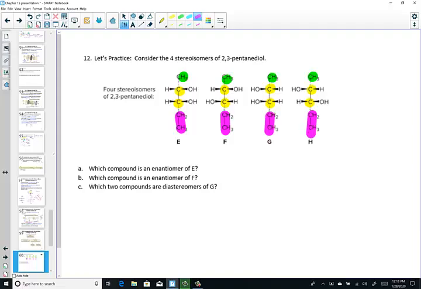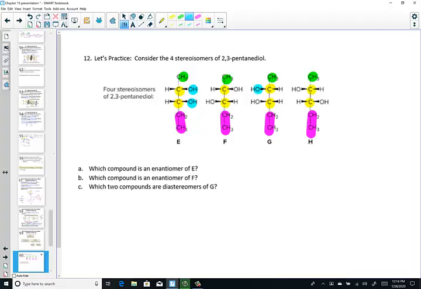These are Fischer projections. If I drew them as crosses and made them Fischer projections, the only difference now is the way that they're attaching these horizontal attachments in this Fischer projection. Let's compare, for example, letter E has hydroxyl on both sides. What other compound has hydroxyls on both sides?